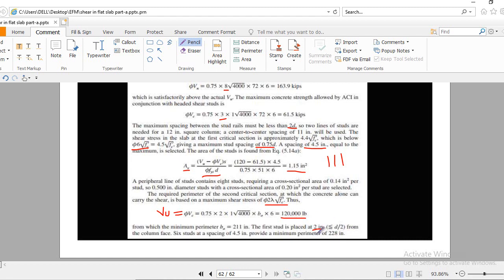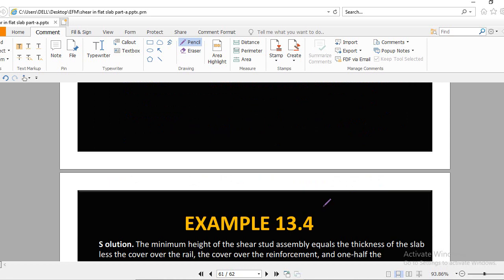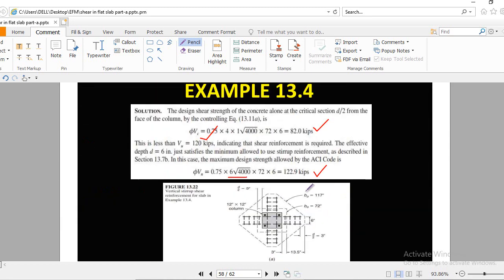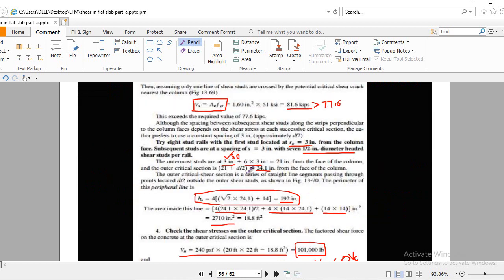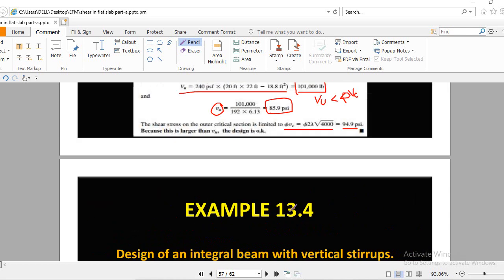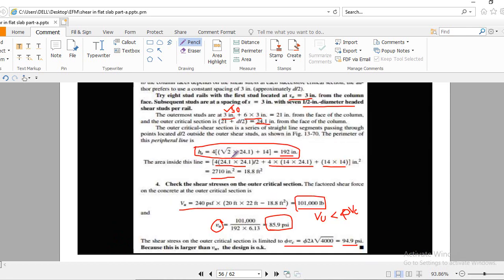Now how they did this calculation, you have to come here again and repeat the same calculation as we did here, following the same steps as we calculated Vu, Vc. If your phi Vc is more than Vu, the design is okay. And how they calculate b naught, you have to repeat this procedure.